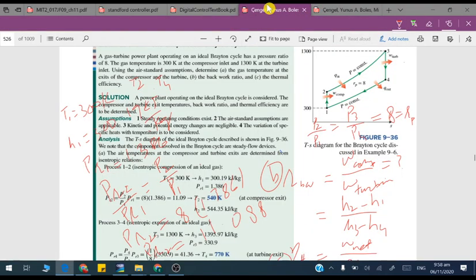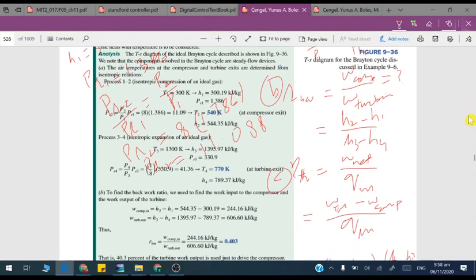So by looking in the table A17, T2 is 540 Kelvin. So you can determine this temperature T2 easily.